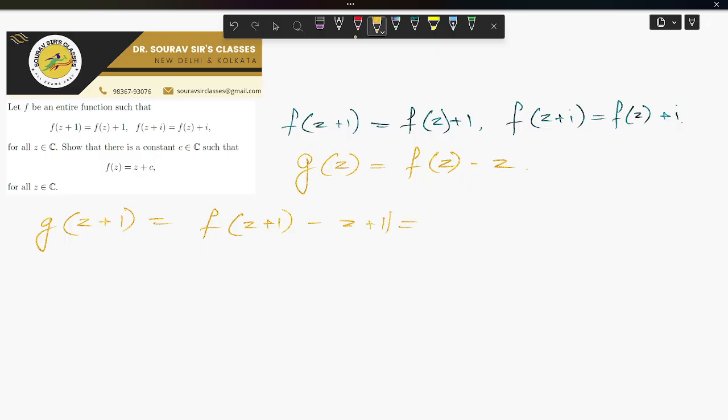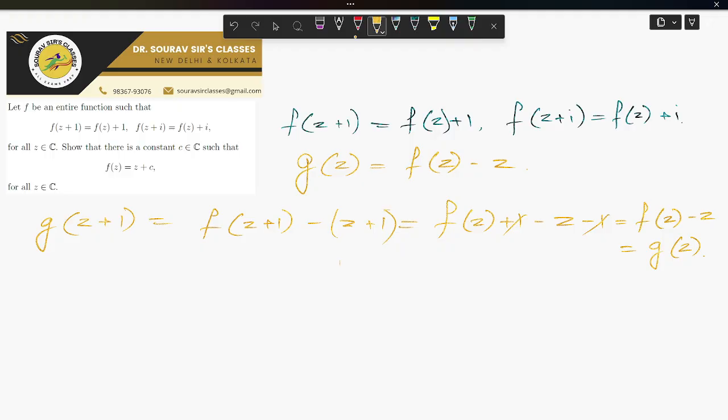So our f of z plus 1 is f of z plus 1, minus z and minus 1. 1 and 1 will be cancelled out. So we would get f of z minus z here, that is equal to our g of z, as we took g of z equals f of z minus z.